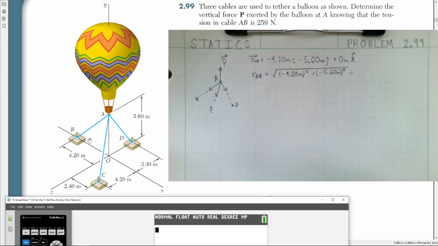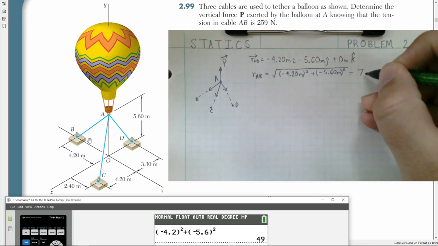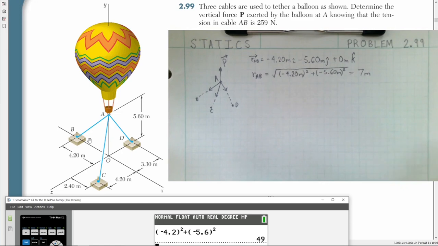When we type this in the calculator, negative 4.2 squared plus negative 5.6 squared, we get 49. We know the square root of 49 is 7, so it'll be 7 meters for the distance, the magnitude of the position vector from A to B.